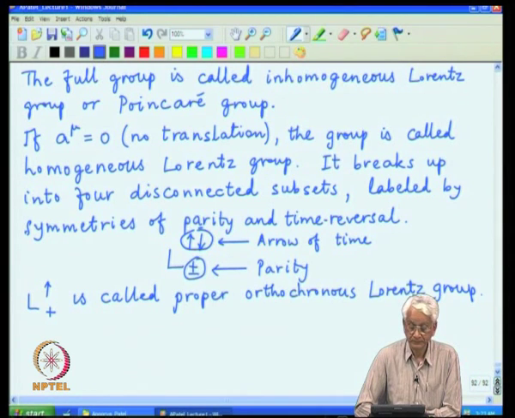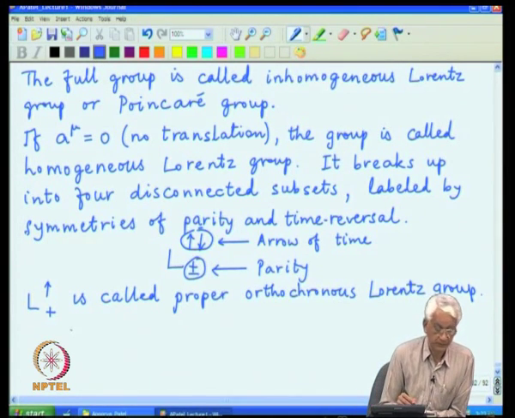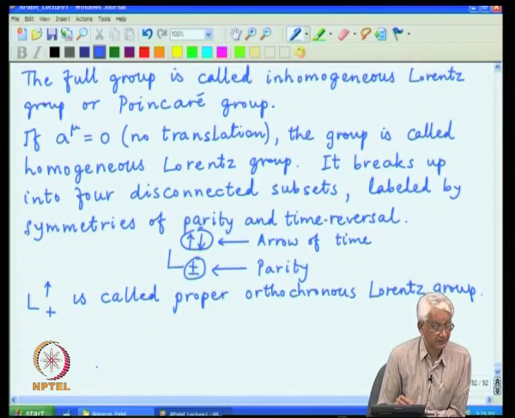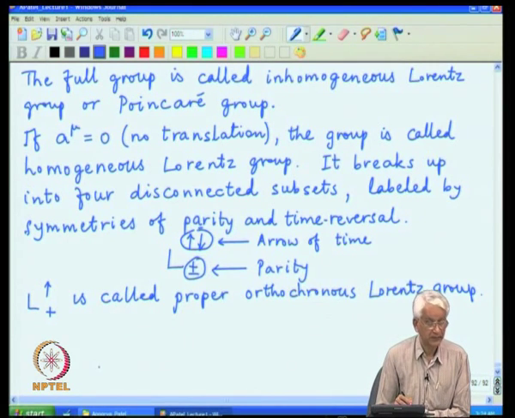And this group can now be studied using the algebra, which we will soon construct.